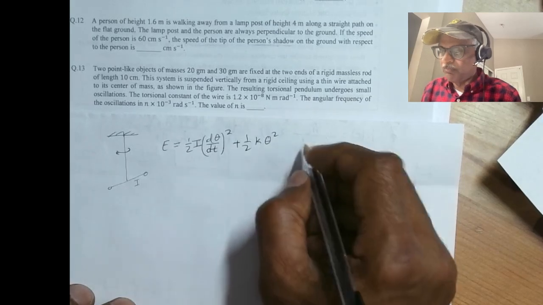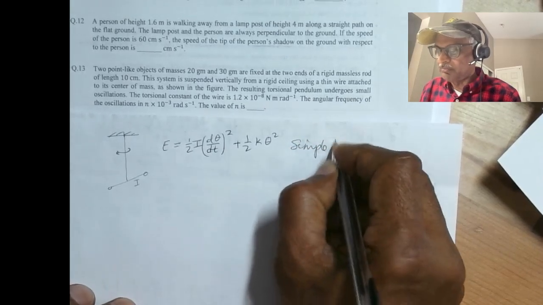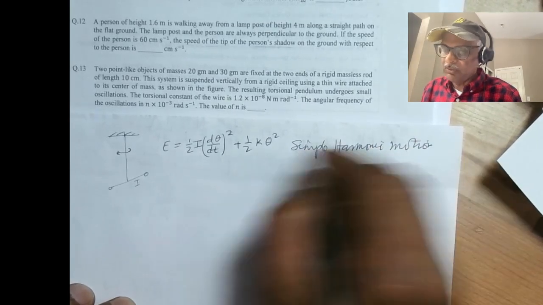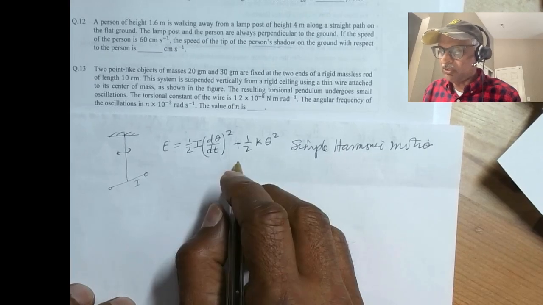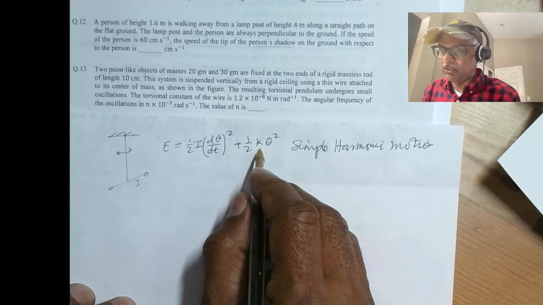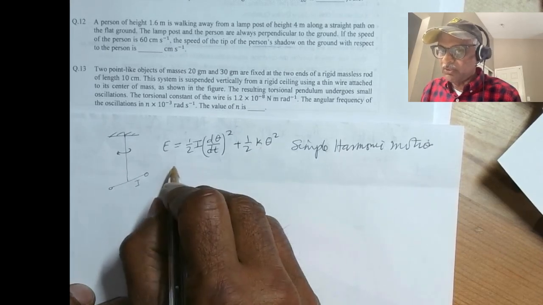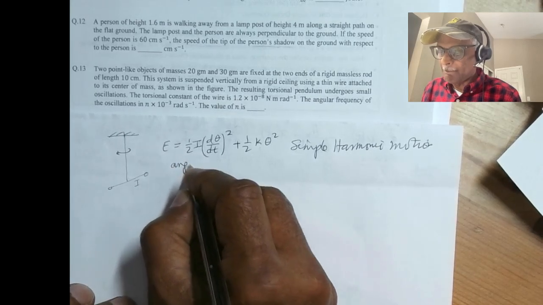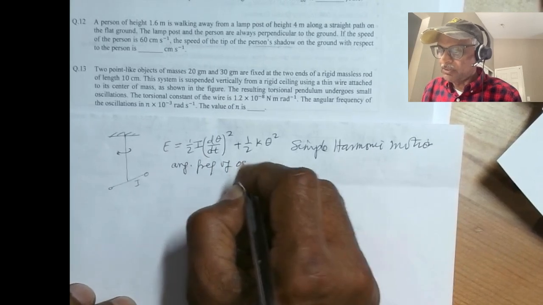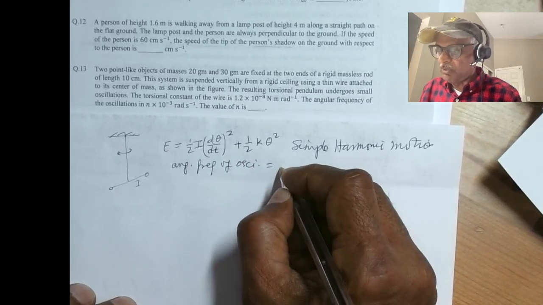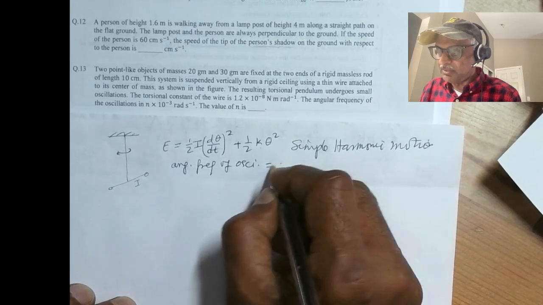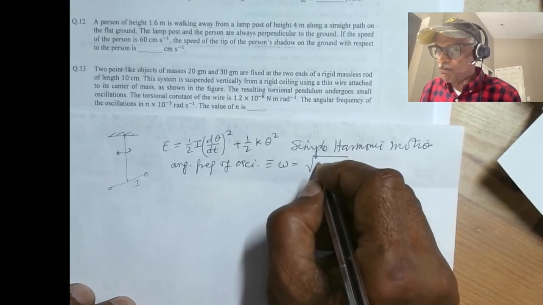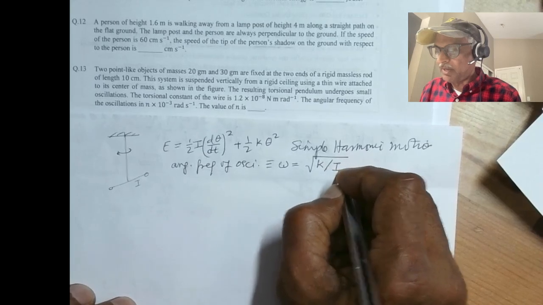So this is a simple harmonic motion. This kappa is the torsion constant, so the angular frequency of oscillation, omega, should be the square root of kappa over I.